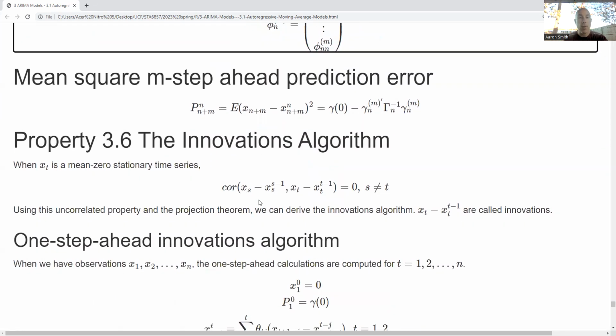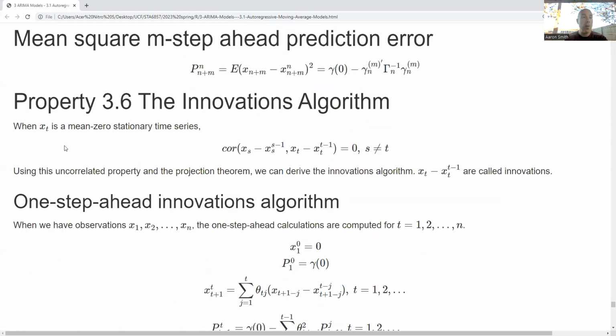Now the innovations algorithm: when x sub t is a mean zero stationary time series, then take any two points in time, and take the one step ahead difference between observed and predicted for each.